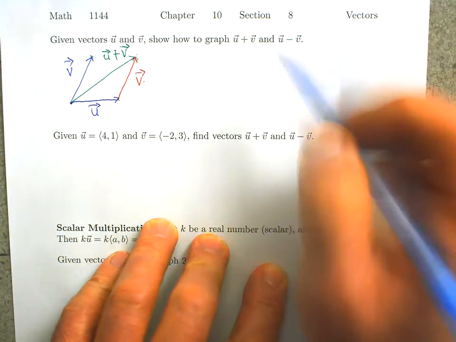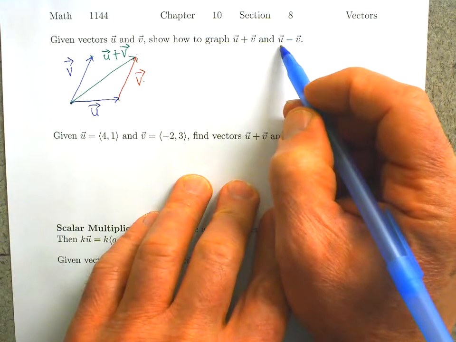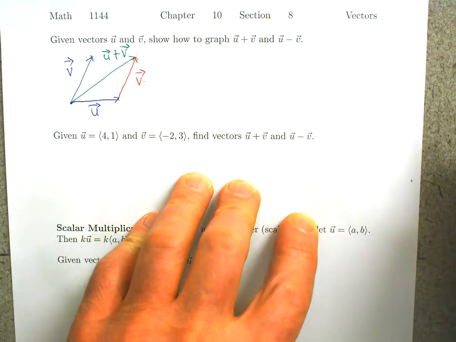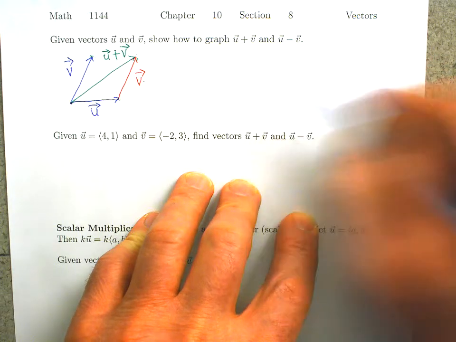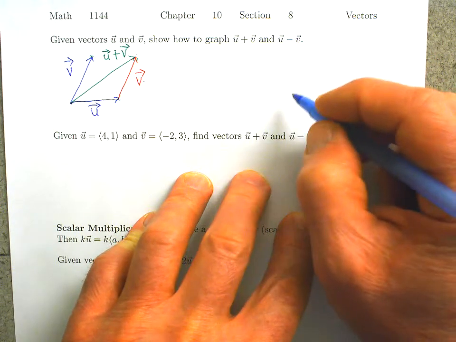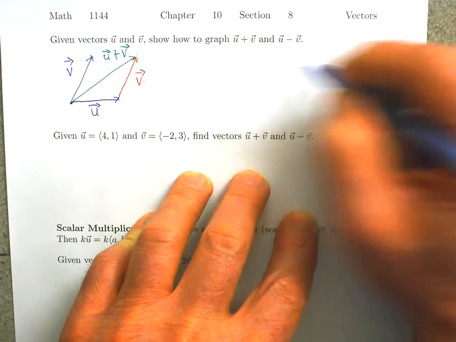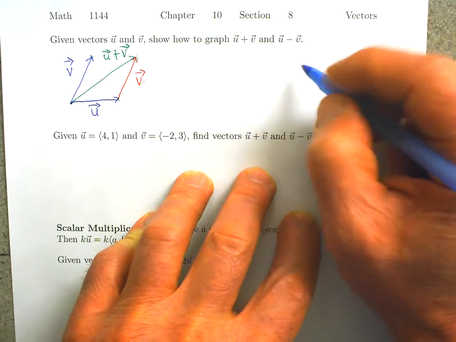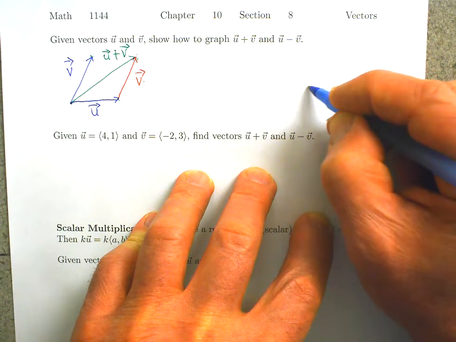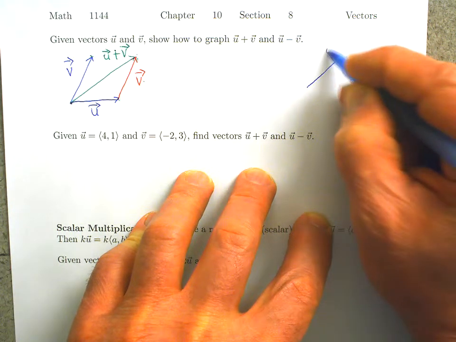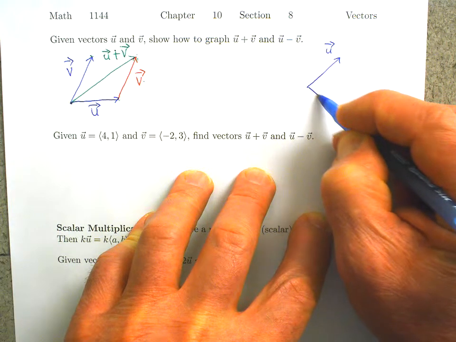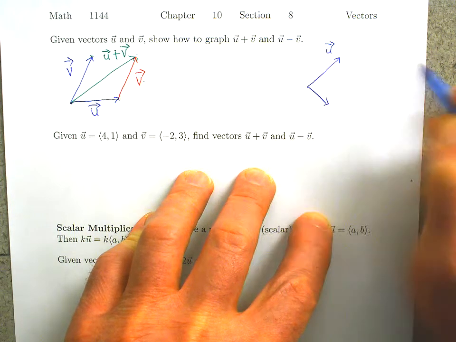Okay, well, how do we subtract, vector u minus v? So let's see. I want to do it so I don't mess it up too bad. Okay, so suppose this is my vector u, and this is my vector v.